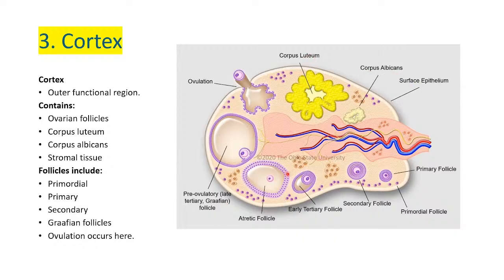We are going to discuss the ovarian cycle. Ovulation occurs here, when the Graafian or mature follicle ruptures and the ovum is shed, and it then transforms into a corpus luteum.